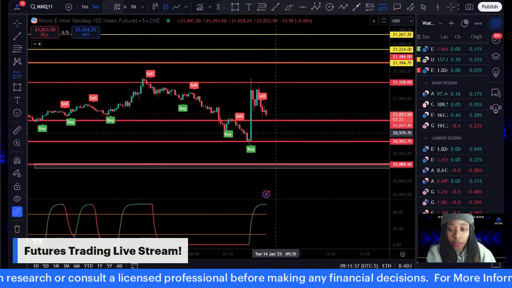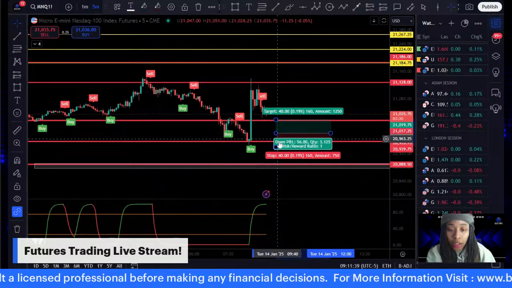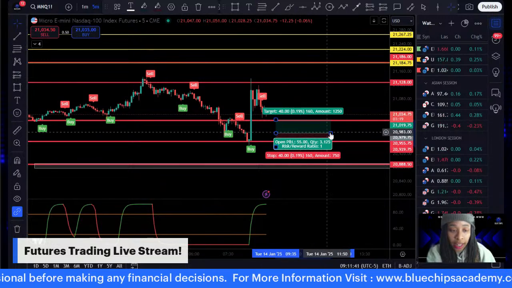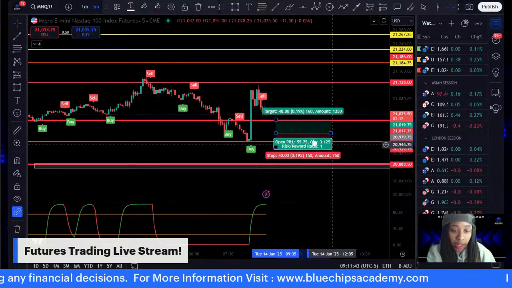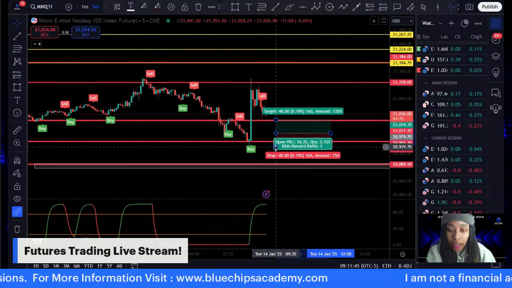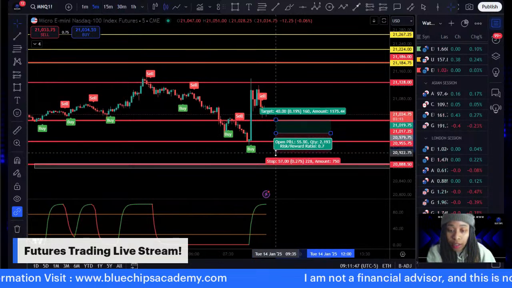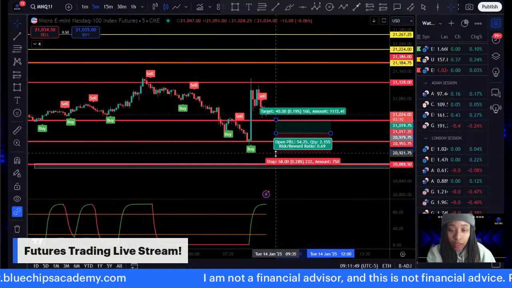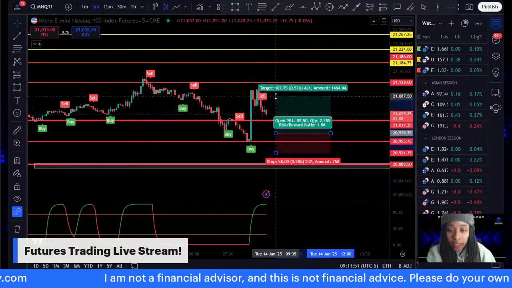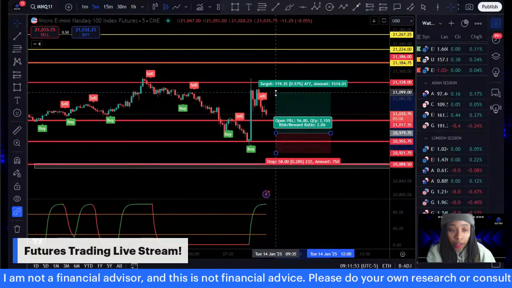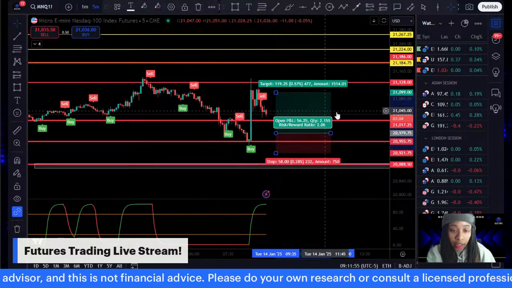Okay, so I'm in my long position here, and let's just say we entered at this 20,979 area. Then we bring this down here for our stop loss. And let's just say this is our first take profit right here, at 21,099.